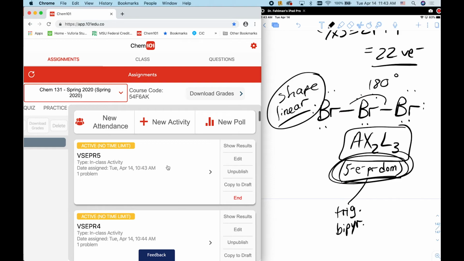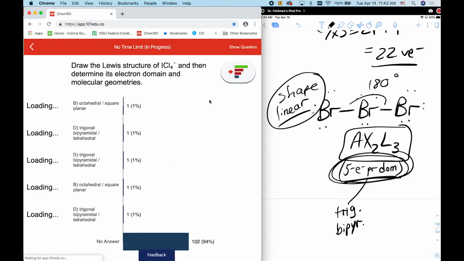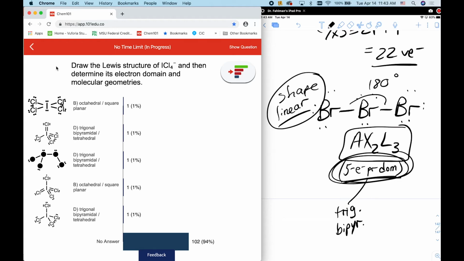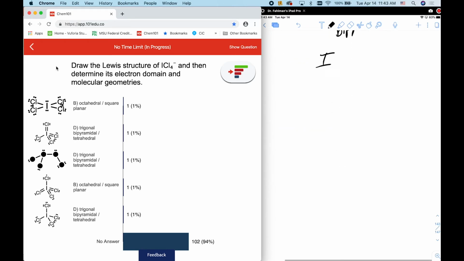Okay, so VSEPR 4. Again, a similar kind of question. ICl4 minus. So now you've got 35 plus another 1 is 36 valence electrons.